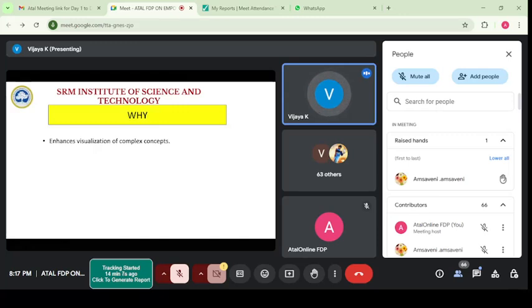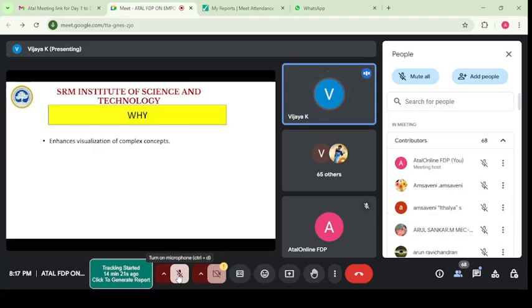For example, these are some of the images that I thought would give a little understanding of how the classrooms could be if we are going to be using holographic technology.